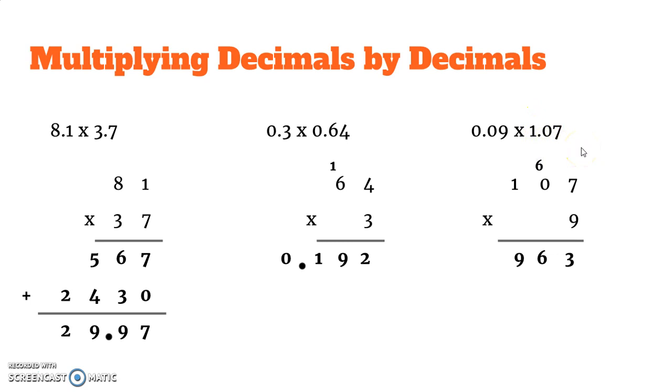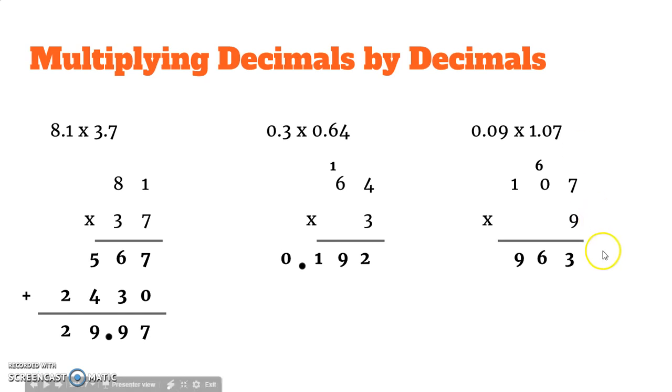Well, 100 times 100 is 10,000. 4 zeros, 10,000. Which means a hundredth times a hundredth is a 10,000th. Which is, again, 4 places behind the decimal point.